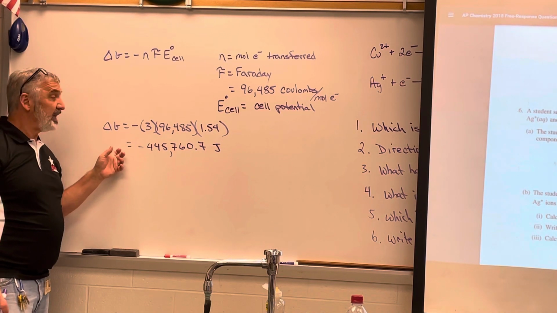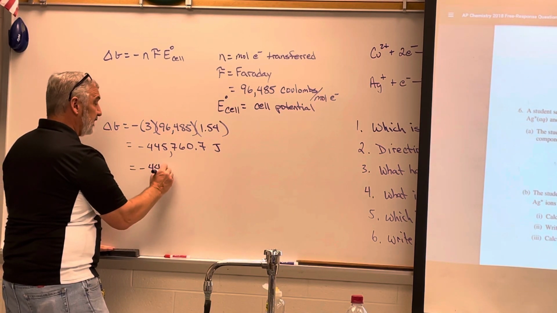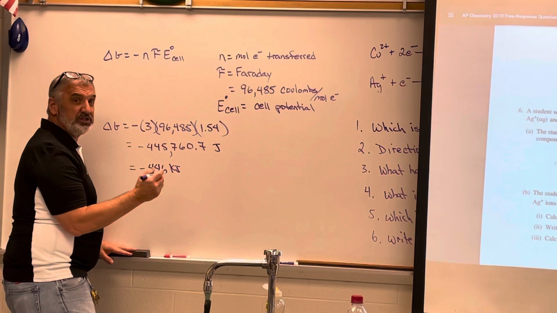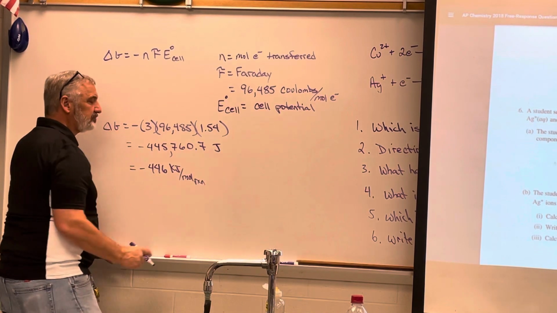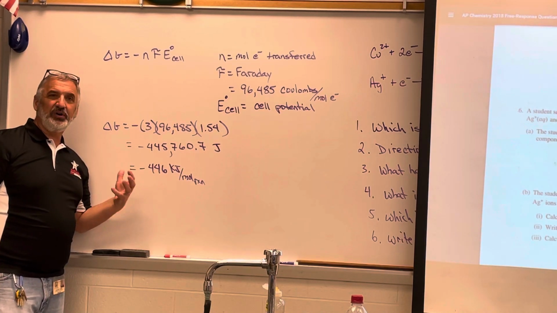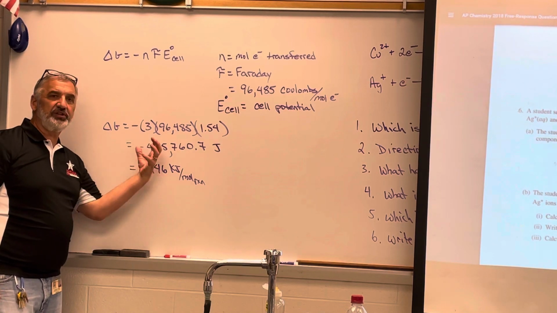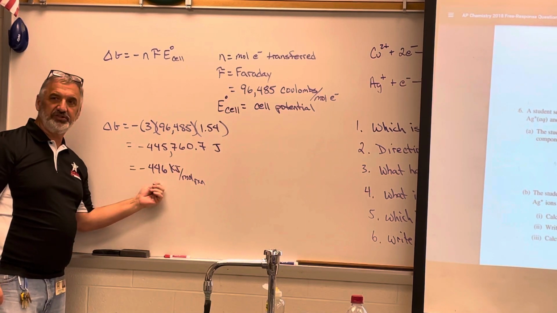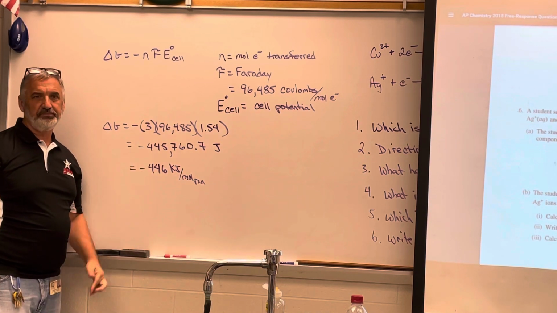Now you could say it as negative 446 kilojoules, and then they always use that per mole reaction if you want to put that. But because there's two answers on the rubric, either joules or kilojoules, you have to specify your unit to get the point.